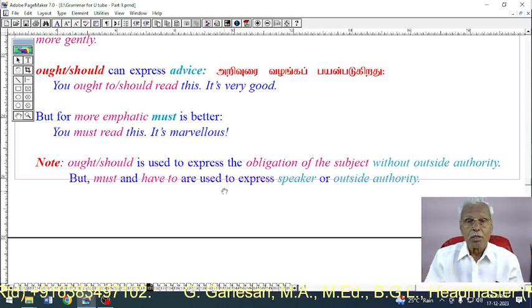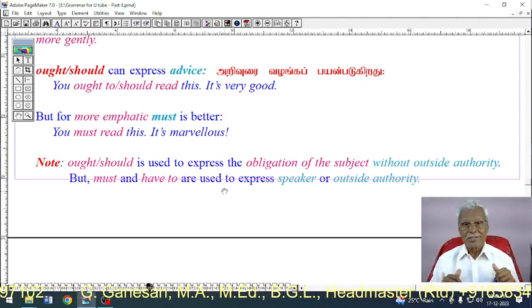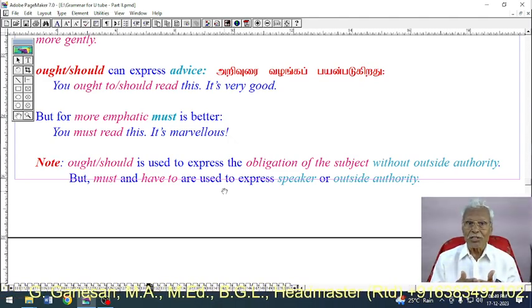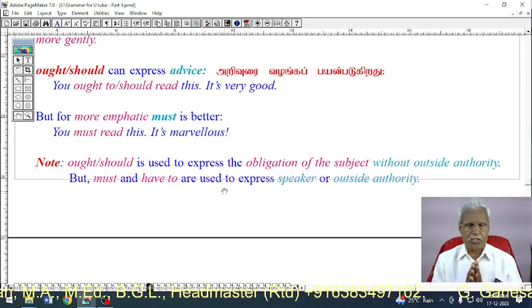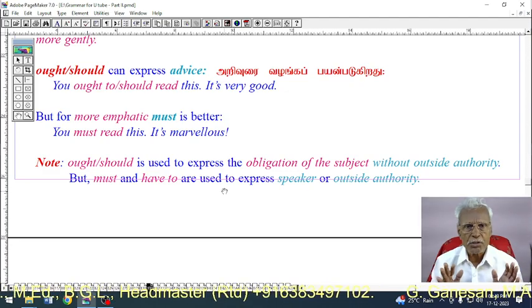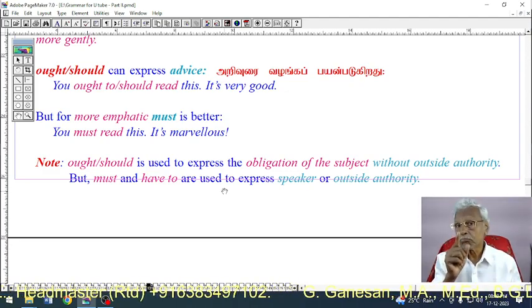But must and have to are used to express the speaker's authority or the outside authority. These are the main things you should bear in mind. These are the very important things you should write in your memory.